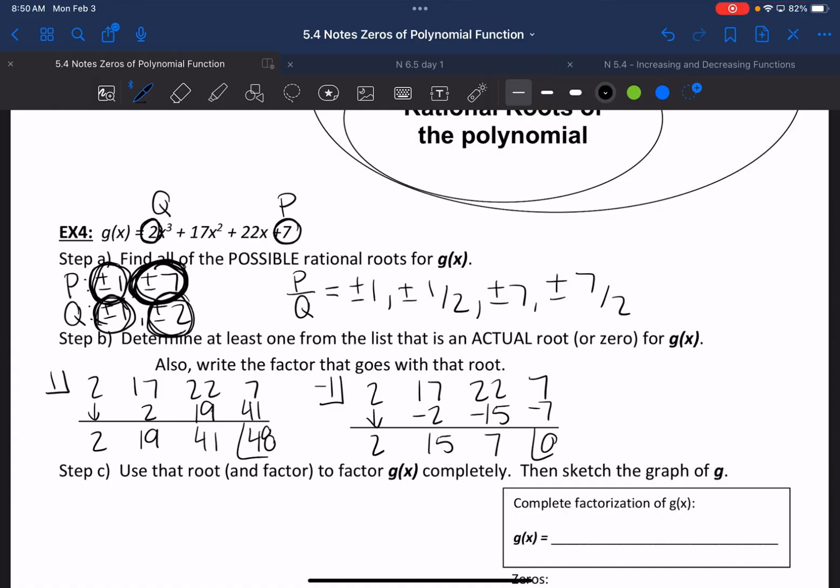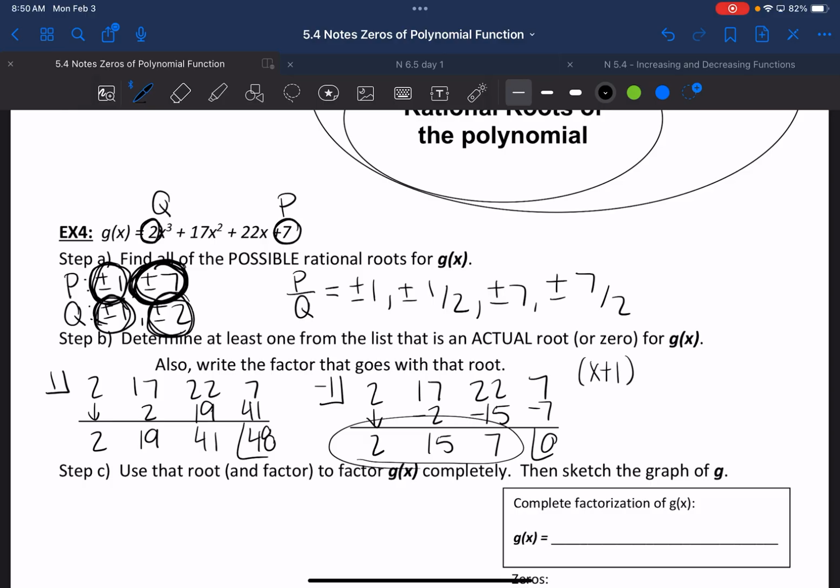So then we would say x plus 1 is a factor, right? If we take that, put it into a factor, it changes the sign. Okay, so that's a factor, all right? Meaning that this did simplify down to 2x squared plus 15x plus 7, okay?